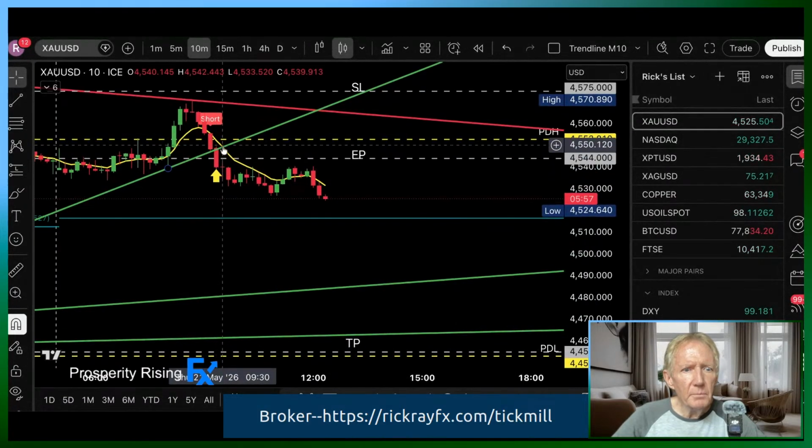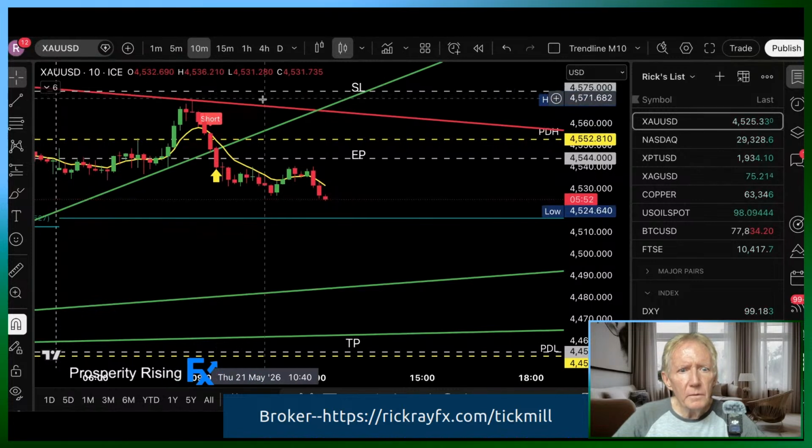So again, back to my trade. I put my stop loss above my downward trend line, the safety line. It's a big stop loss, about $30 from where I entered the trade, so I took a smaller lot size.